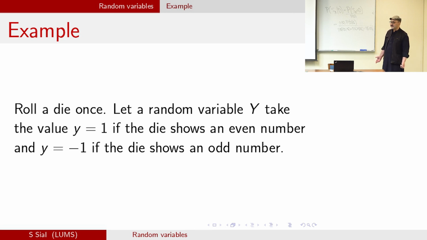Okay, so that's the first example of a random variable, right? For every single element of the sample space, I can tell you that if you rolled a 3, that's an odd number, so Y will take the value -1.